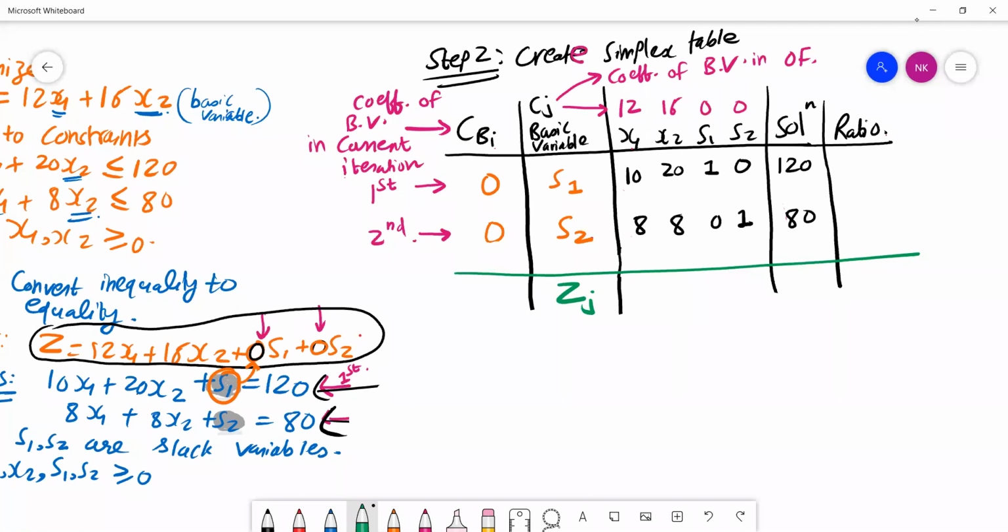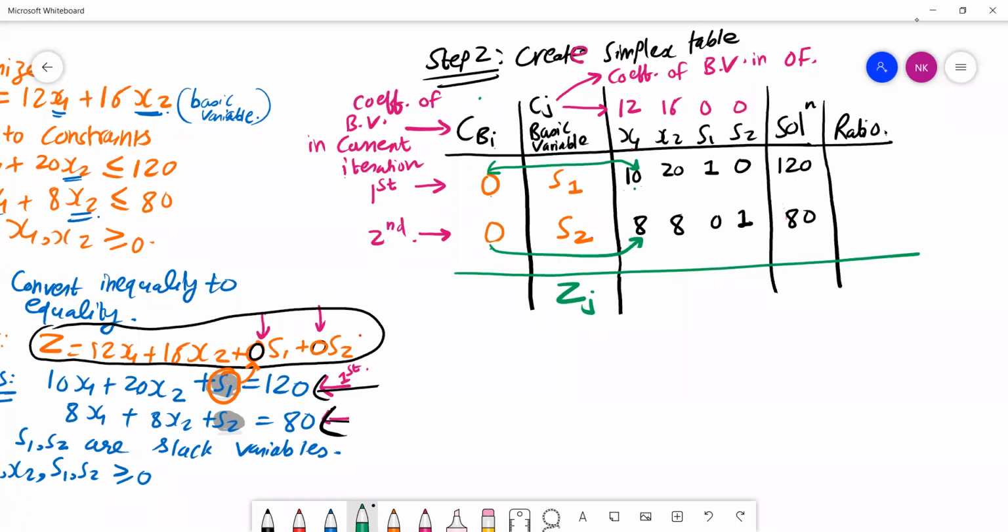For that, you will be doing 0 multiplied by 10. This is the number of units multiplied by the objective value. So 0 multiplied by 10 plus 0 multiplied by 8 plus 0 multiplied by 8.